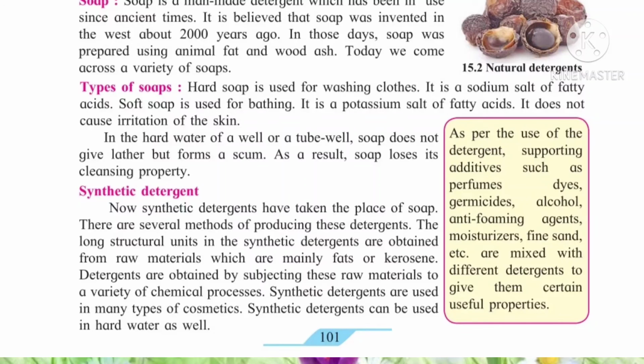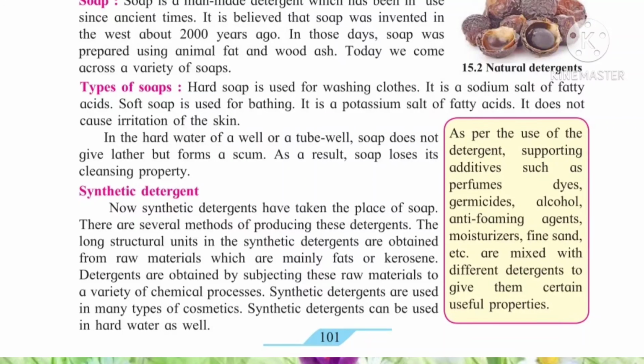Germicide, for example Medimix, is there. Dyes are added to get the color: pink, red, green. To get different smells they add perfume also. Okay, so this is about the synthetic detergent.